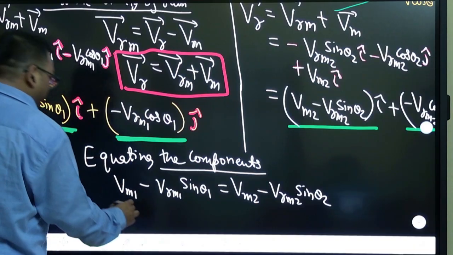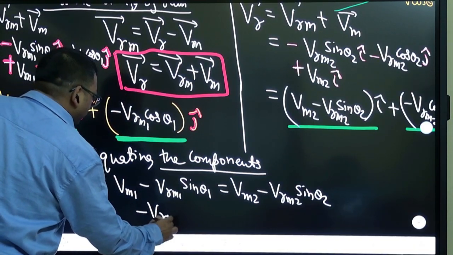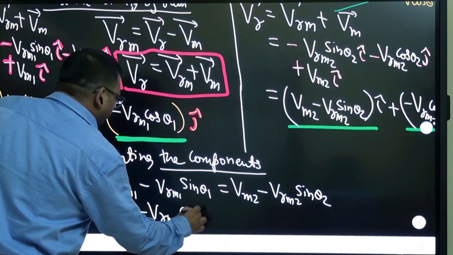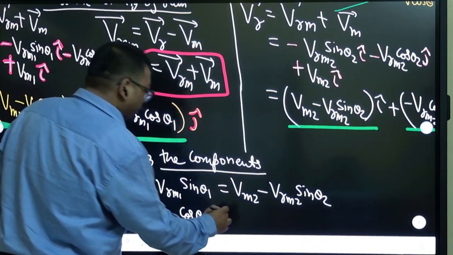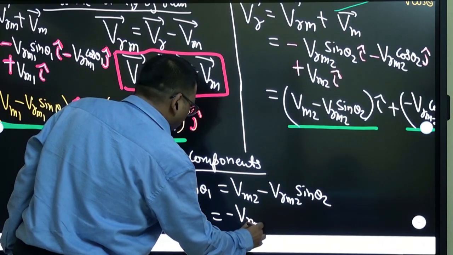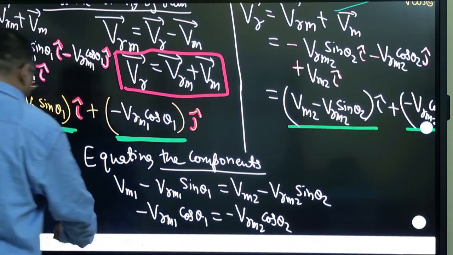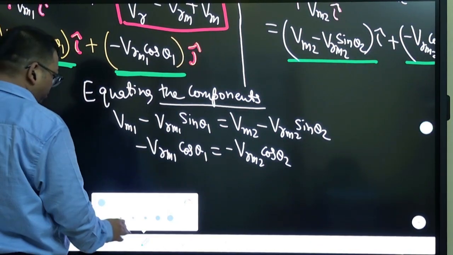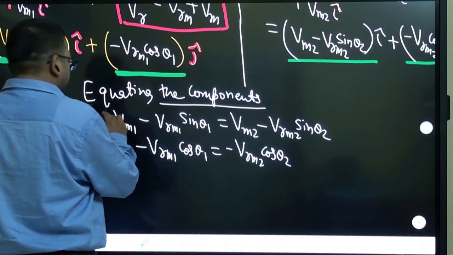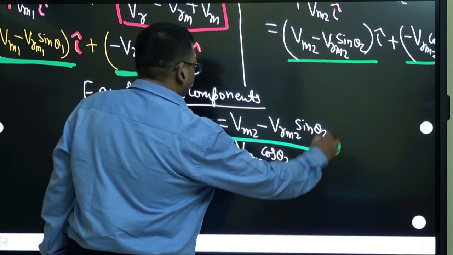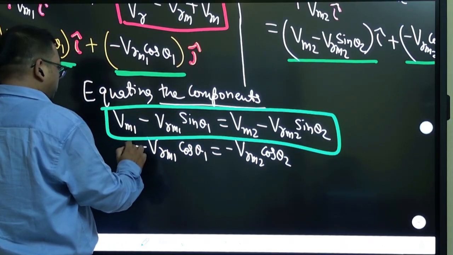Similarly, this component, which is minus Vrm1 cos theta 1, equals minus Vrm2 cos theta 2. So we have got these two equations. This is the first equation and this is the second equation.